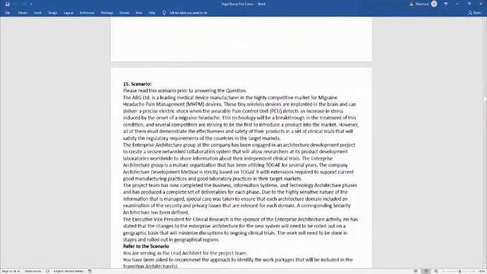Question 15. ABC Limited is a leading medical device manufacturer in a highly competitive market for migraine headache pain management devices. These tiny wireless devices are implanted in the brain and can deliver a precise electric shock when the wearable pain control unit senses an increase in stress, including that caused by the onset of a migraine headache.